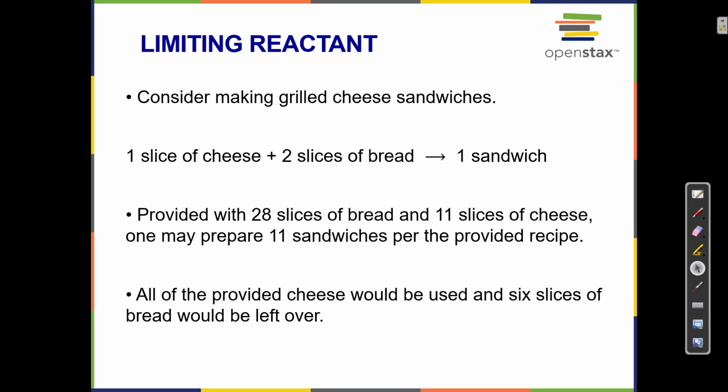So, for example, let's go back to our cooking analogy here. When I'm making grilled cheese sandwiches and I have 2 slices of bread and 1 slice of cheese to make a sandwich, and if I have 28 slices of bread and 11 slices of cheese, how many sandwiches am I going to be able to make?